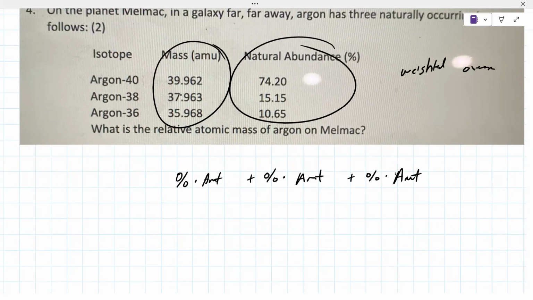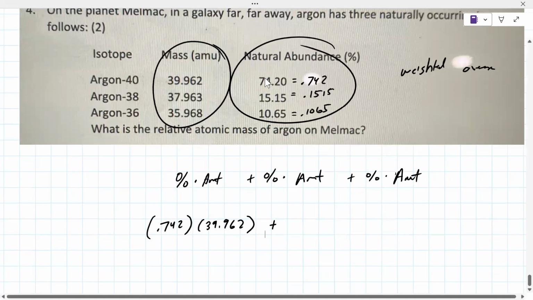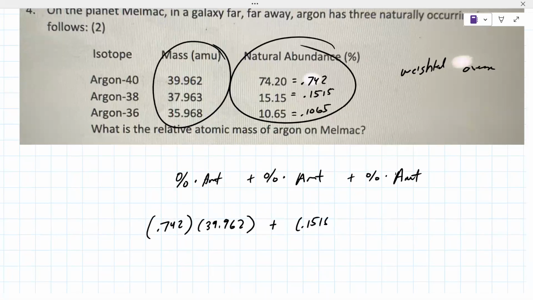So in your problem, it's 74.2%, but we're going to convert these to decimals: 0.742, 0.1515, 0.1065. So it's 0.742 times 39.962 plus 0.1515 times 37.963 plus 0.1065 times 35.968.